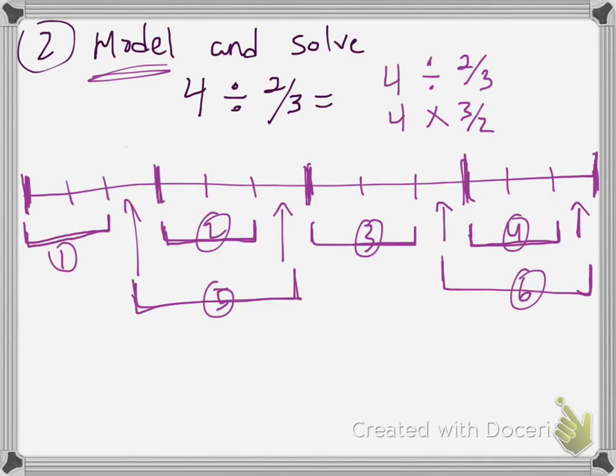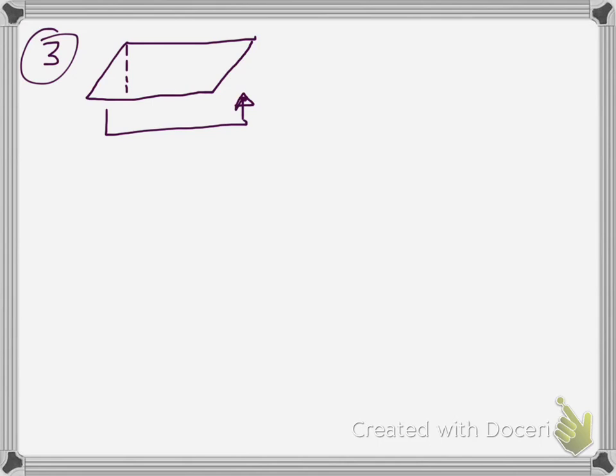And now I have a multiplication problem. 4 times 3 is 12 over 2, and that would reduce to 6. So whether we modeled it with a picture, we got 6 chunks, or whether we just used the numbers, we also got 6 chunks.